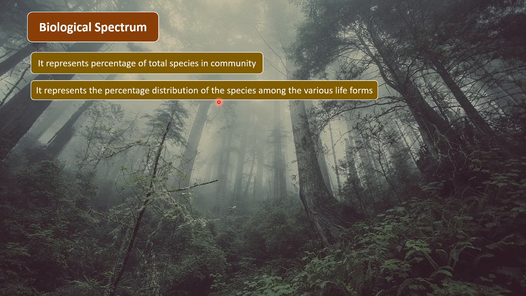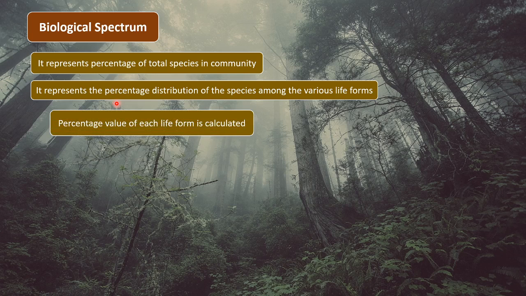Is it 15%? Similarly, what is the percentage of species that fall under chamaephytes? So it could be maybe 5%, maybe 15%, or any percentage. So this biological spectrum gives us an idea of the percentage distribution of the species among the various life forms.